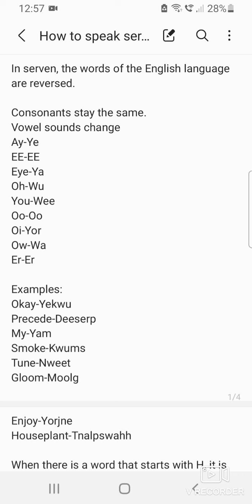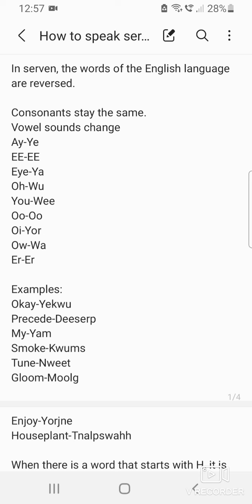Or egg would be Ge. So it's the sounds that are reversed, not to be confused with the words being reversed, the spelling. For example, same wouldn't be spelt E-M-A-S, although that's how it's spelt backwards.